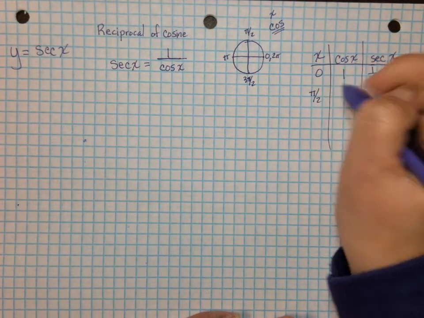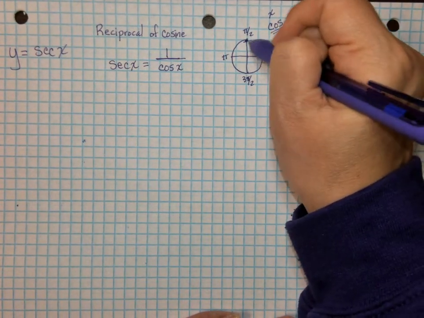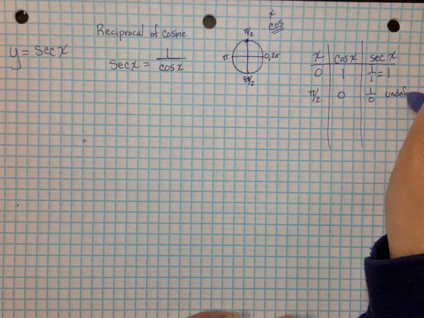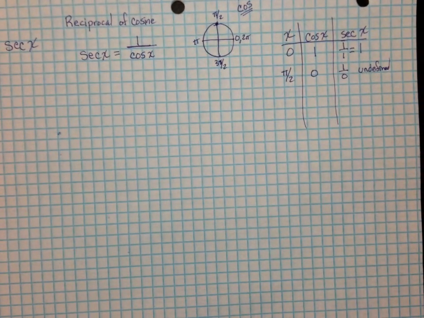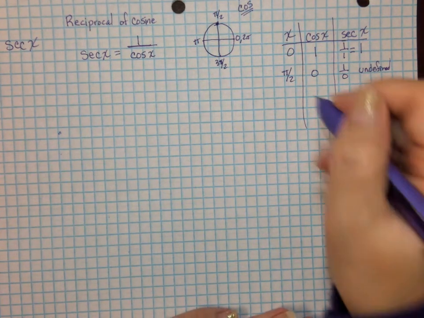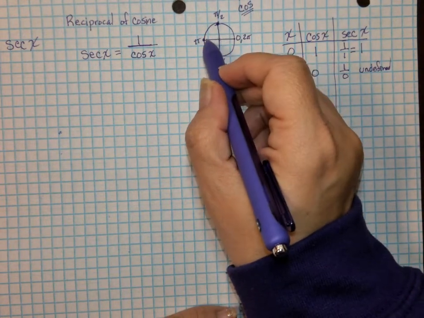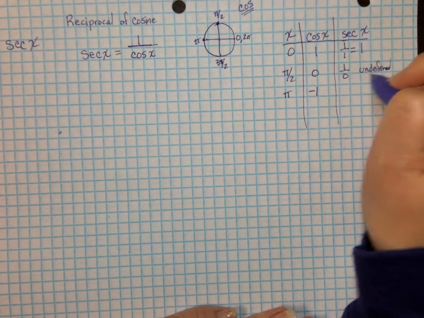At pi over 2, up here, the cosine is 0. So secant is 1 over 0, which is undefined. And so you're thinking, oh, undefined, asymptote. I know my graph has an asymptote right away. Alright, at pi, the cosine value is -1.